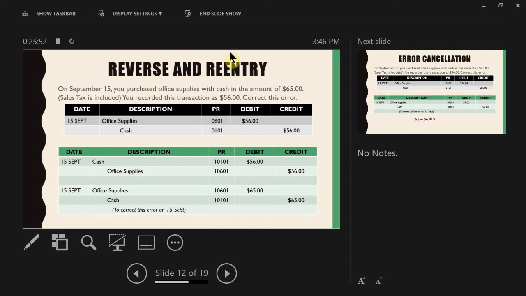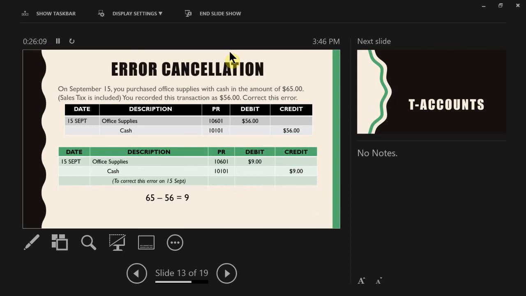Essentially, you're zeroing out your journal and redoing your journal. So this is most recommended and widely used because there's no room for more errors to occur. Any questions between the two different types of correcting entries?